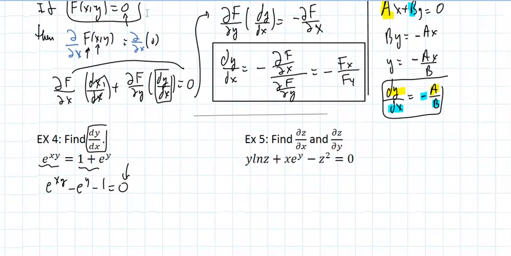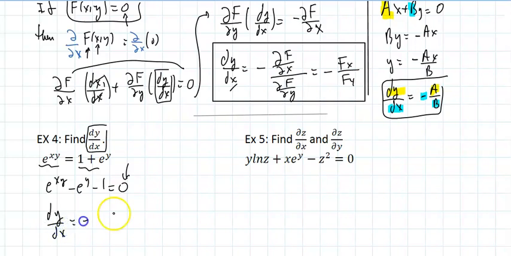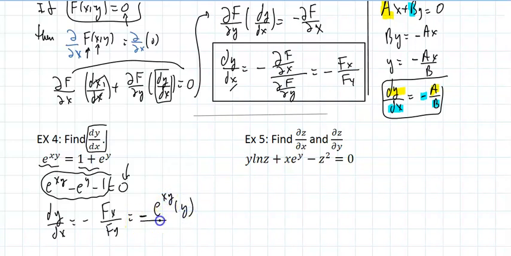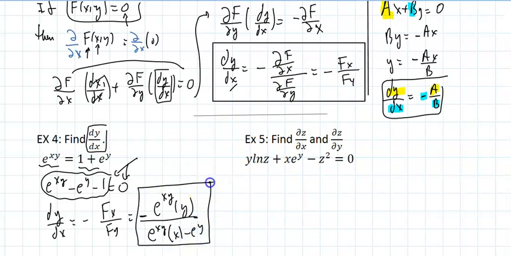According to the rule, dy/dx will be negative f sub x over f sub y, where this is f(x,y). That would be negative the partial of this with respect to x over the partial of this with respect to y. And that would be my answer.